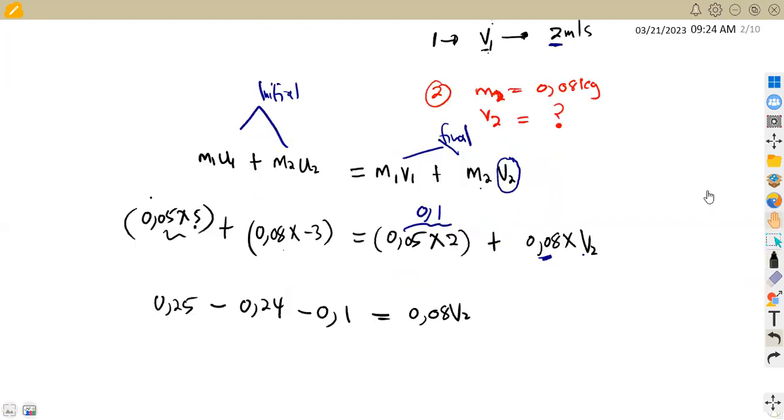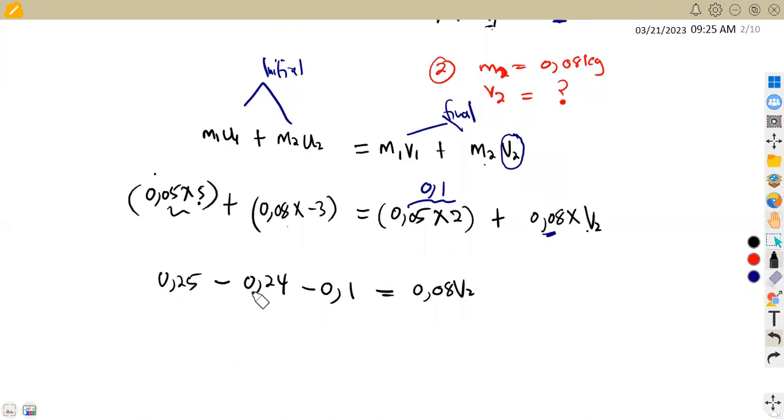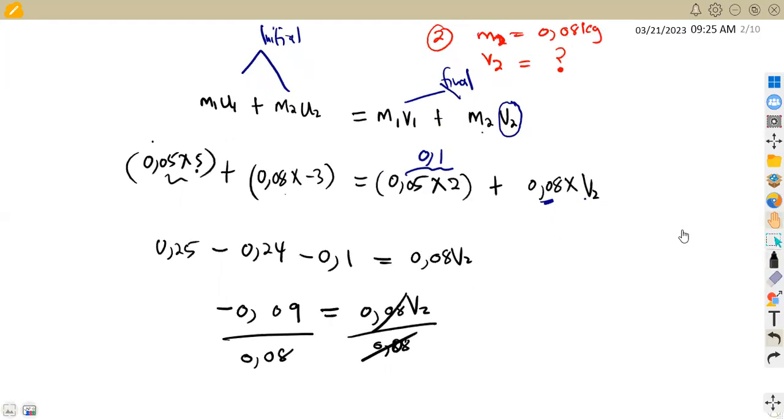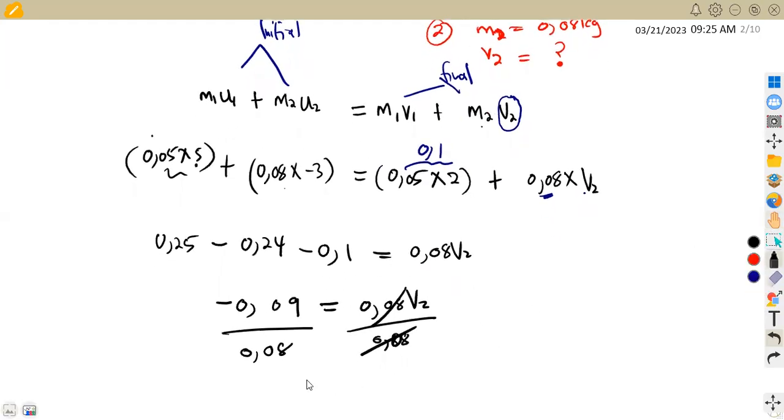Combining everything on the left-hand side gives negative 0.09 is equal to 0.08 V2. To find V2, we divide by 0.08. This gives us the final velocity of the second ball, negative 1.25 meters per second.